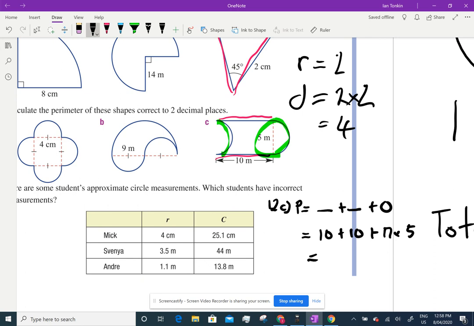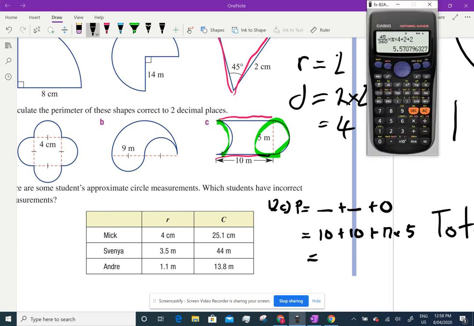And again, straight into the calculator: 10 plus, remember it's perimeter, plus 10 plus pi times 5. I'll just check the answers because I've got them here beside me. What do we get? 35, yes.